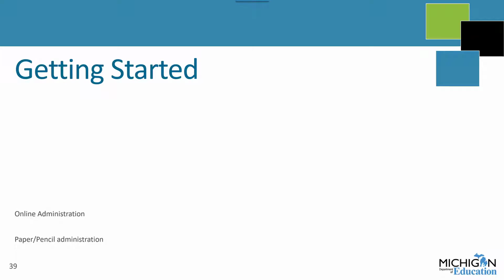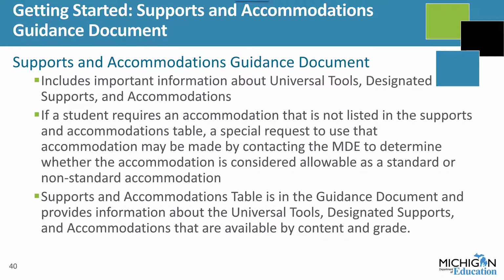We'll begin with getting started with the administration for both the online administration and paper pencil administration. The Supports and Accommodations Guidance document and Supports and Accommodations table should be reviewed and referenced throughout the test administration. It includes important information about allowable universal tools, designated supports, and accommodations.